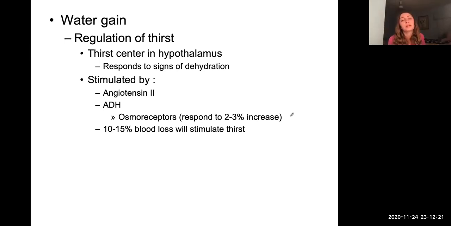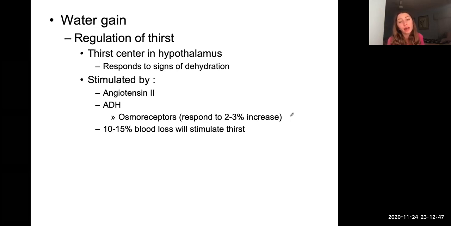So osmoreceptors respond to an increase of the osmolarity of the blood. An increase in osmolarity means an increase of solutes in the blood compared to solvent. This stimulates ADH, because ADH doesn't have anything to do with sodium, it is only water.